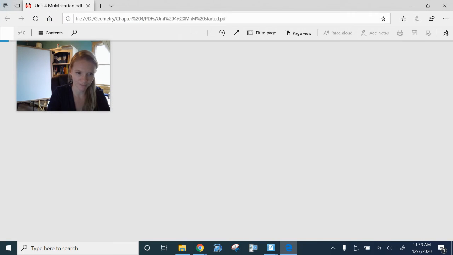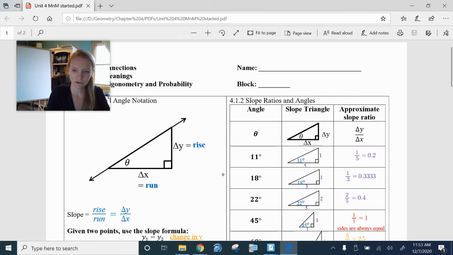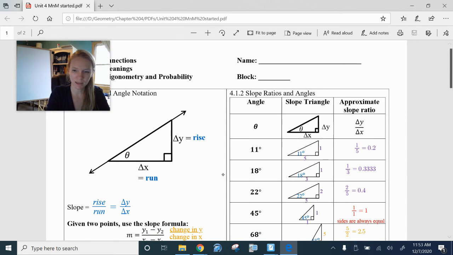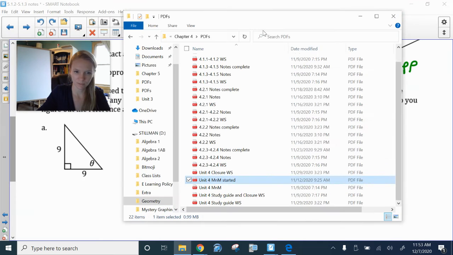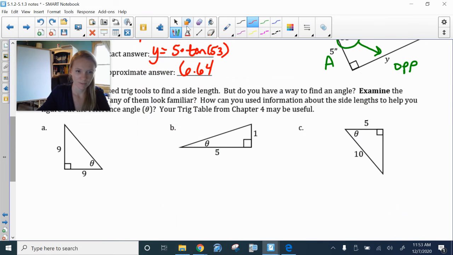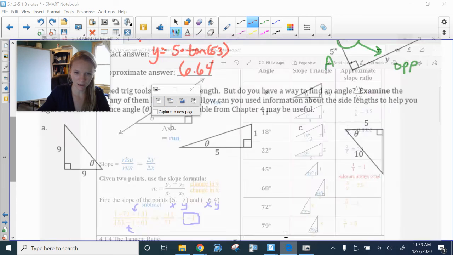There, I can use that. So my trig table, this thing right here.